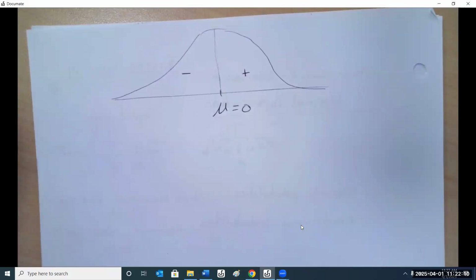With standard normal distributions, what are we looking for? Why would you use something? We haven't discussed that yet. What is the whole purpose of this?